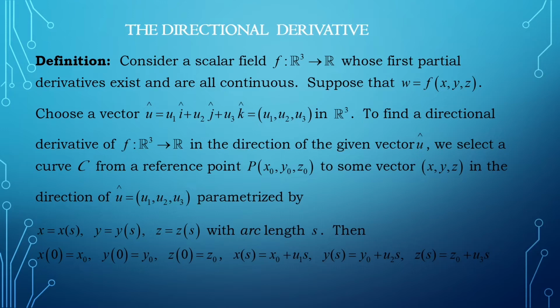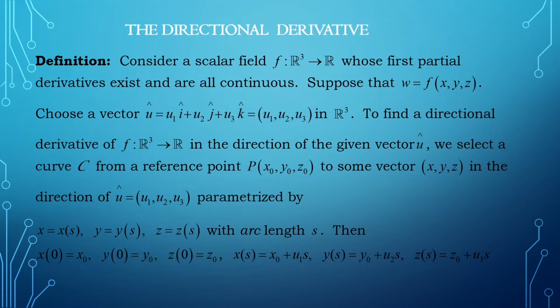We very well know that dou f by dou x is a directional derivative in the direction of the x-axis. Similarly, dou f by dou y and dou f by dou z are directional derivatives of f in the directions of the y-axis and z-axis respectively.